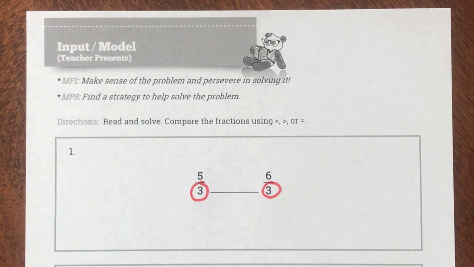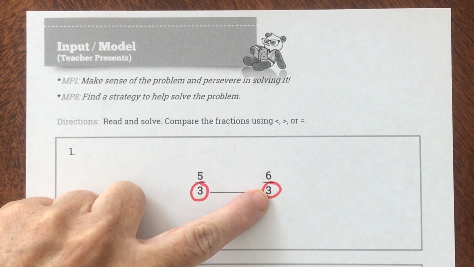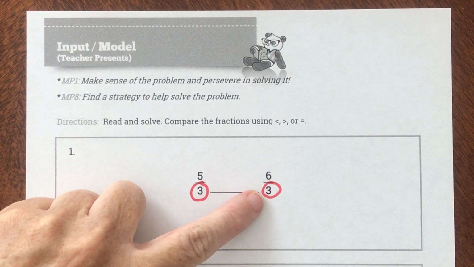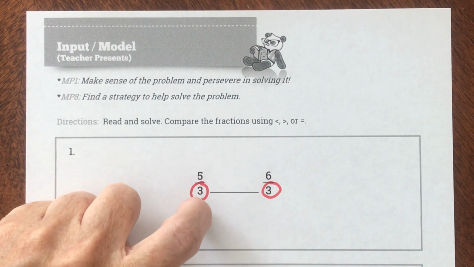The denominator tells me how many parts the whole was cut into. So picture a pizza that was cut into 3 parts, and this pizza was cut into 3 parts. Well, doesn't that mean that the parts are all the same size? The parts are the same size if they were both cut into 3 parts.